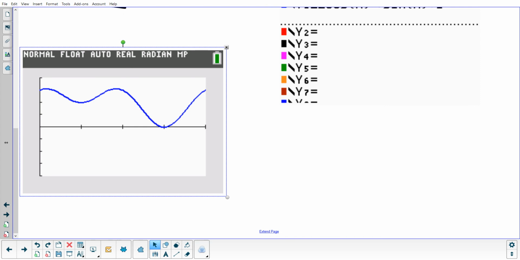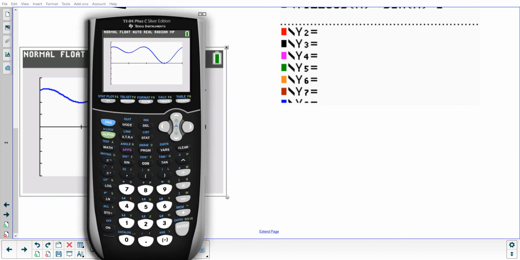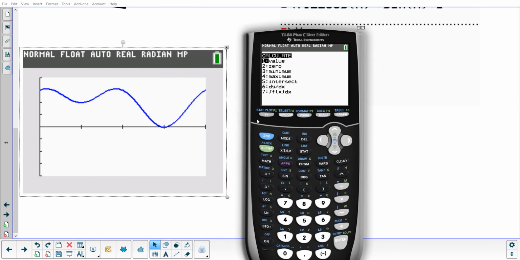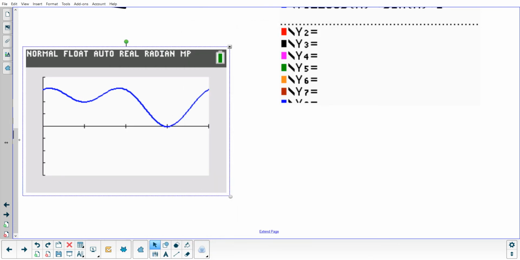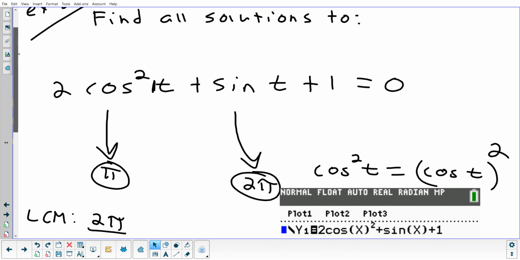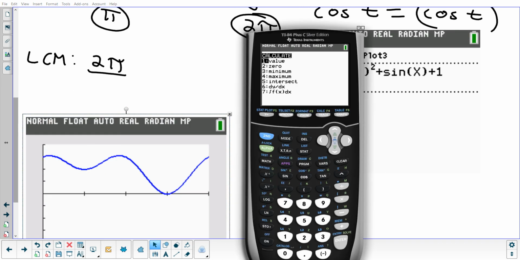You could zoom in here and check and see, does it actually go below and come back? But it doesn't. So let's do second calc. And remember, you're calculating where it equals 0. So which option do I want to pick? Chris? 2. So pick a point that you know is a little bit to the left, to the right. Do your guess.